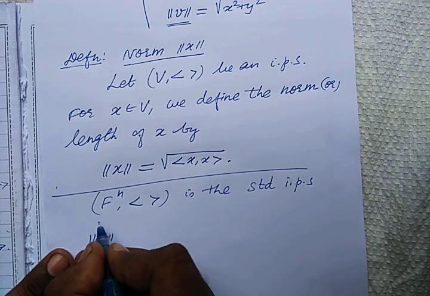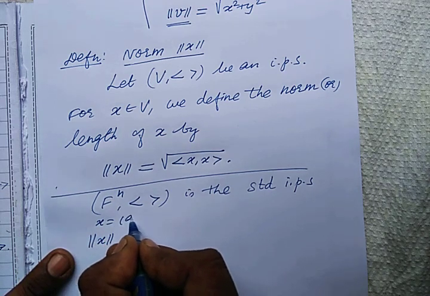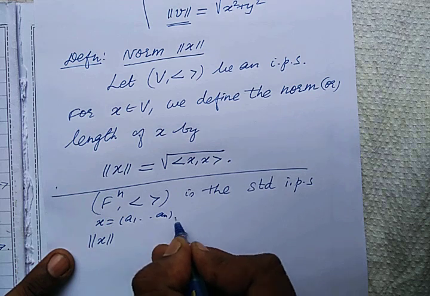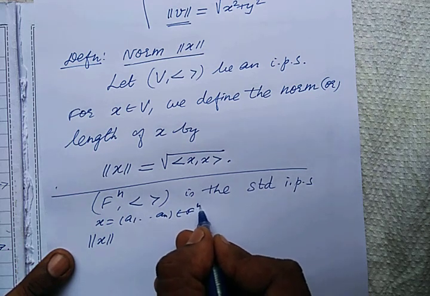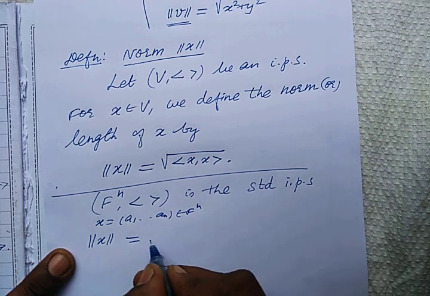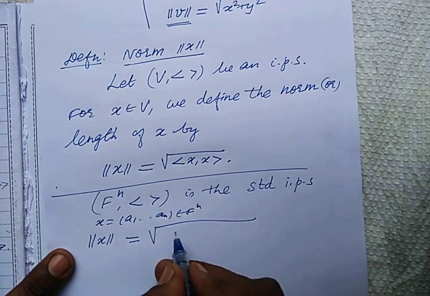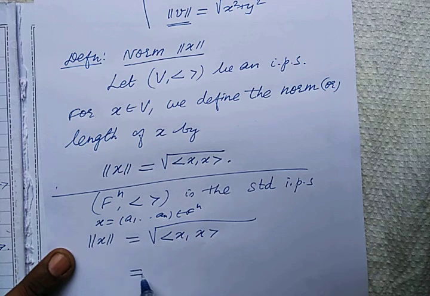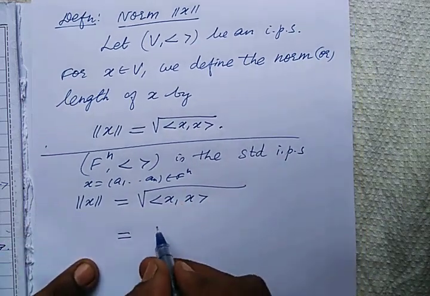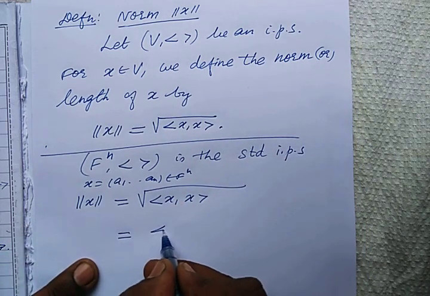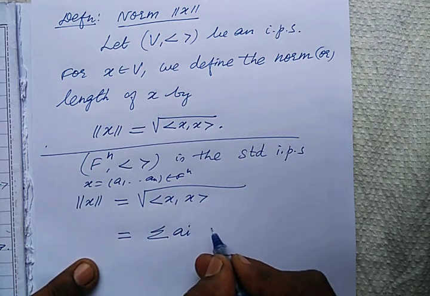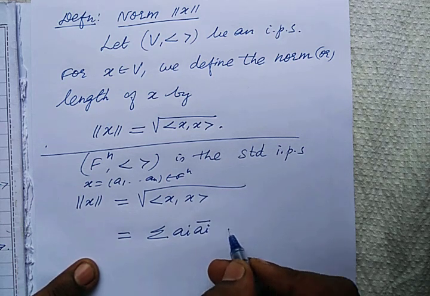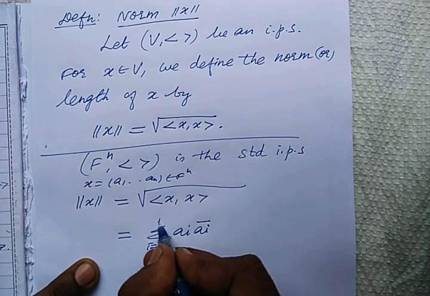If we take x is equal to a1 etc. an in F^n, what is the norm x? Norm x is equal to square root of inner product of x comma x. What is inner product in the standard one? Summation ai bar, i runs from 1 to n.